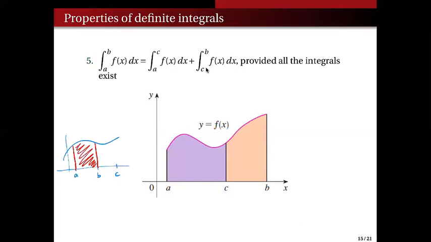Correct? The integral on the right will be from a until c. So in here from a until c, it will be from this up to this. So you will have this region. And then of course the integral in this case from b up to c, you will have this region here. Correct?